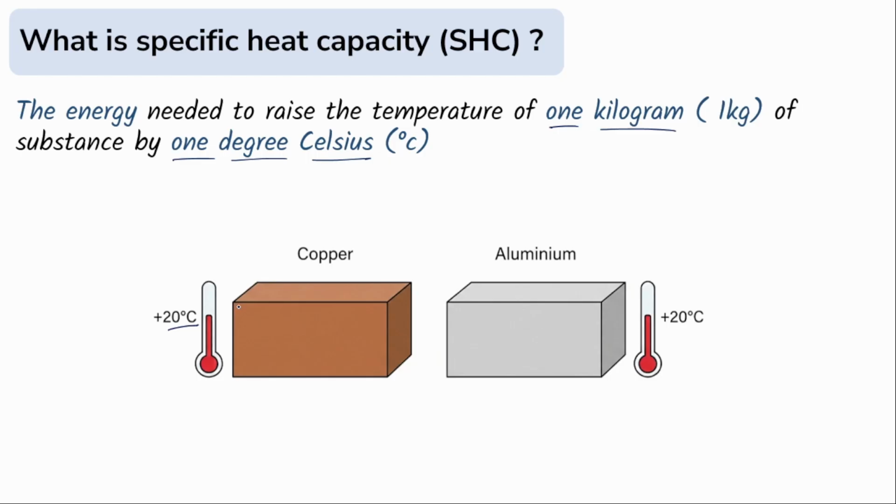Copper requires 2 units of energy to do this, while aluminium requires 4 units of energy for the same temperature rise. This means that aluminium has a higher specific heat capacity compared to copper. It takes more energy to heat up by the same amount.